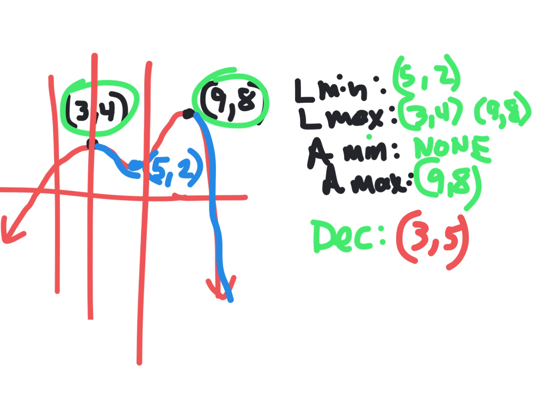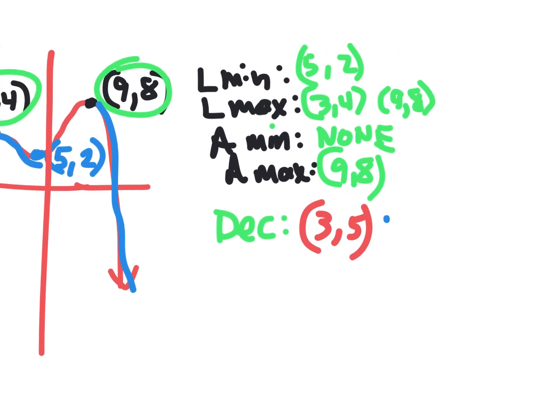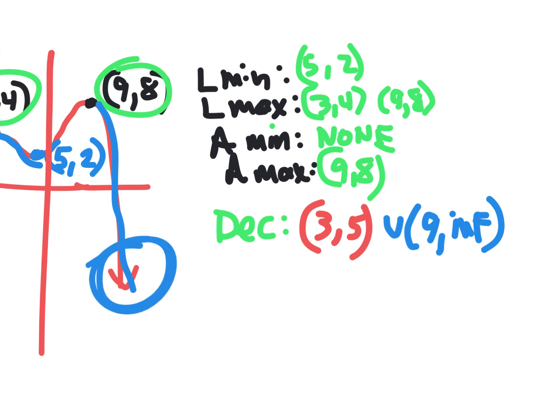I made them blue. From 3 to 5 and from 9 to infinity, and this one needs a U in between. Now, some kids are like, but it's going down, that should be negative infinity. These are only x values. When you go far enough this way, you get positive infinity. The y value would be negative infinity, but these aren't y values. They're only x values. All right, cool.